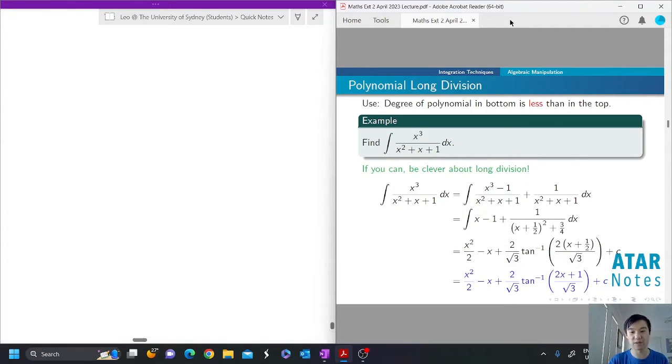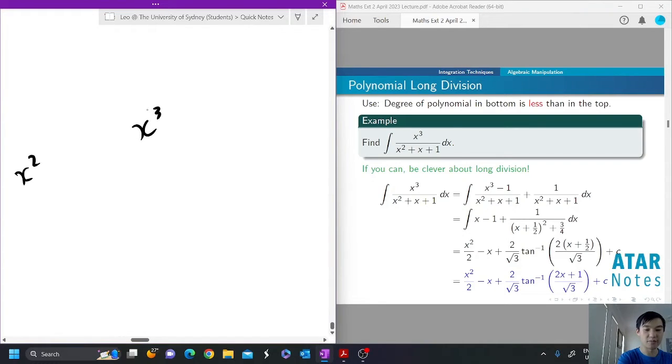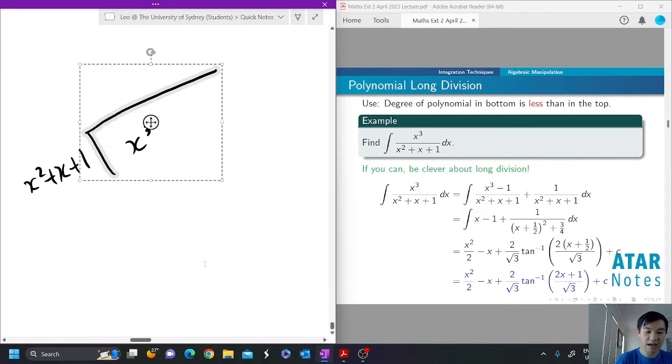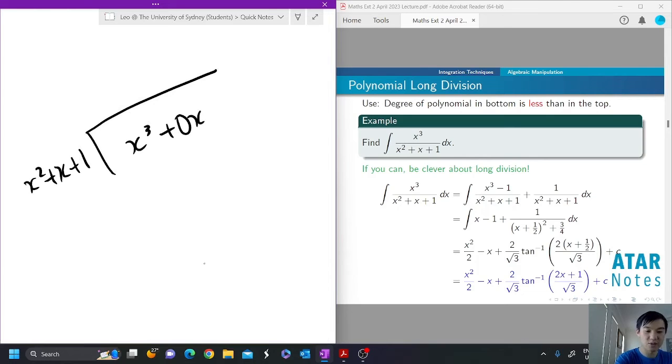So if the degree of the polynomial in the top is more than in the bottom, or the degree in the bottom is less than the top, two different ways of saying the same thing, you could have just literally done long division. You want to divide x cubed by x squared plus x plus 1. Well, this is the same thing as x cubed plus 0x squared plus 0x plus 1.